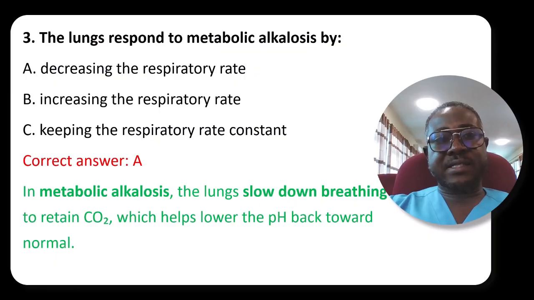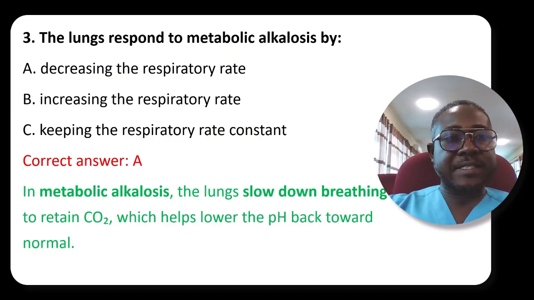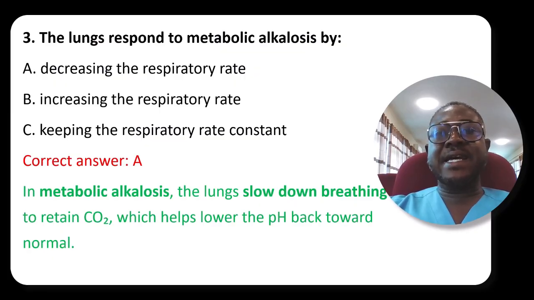Now look at the options. A and B also look similar: decreasing the respiratory rate and increasing the respiratory rate. Using the trick we talked about, the answer is between A and B. The only difference is decreasing or increasing. Metabolic alkalosis means that there is too much alkali in the body, which is bicarbonate.